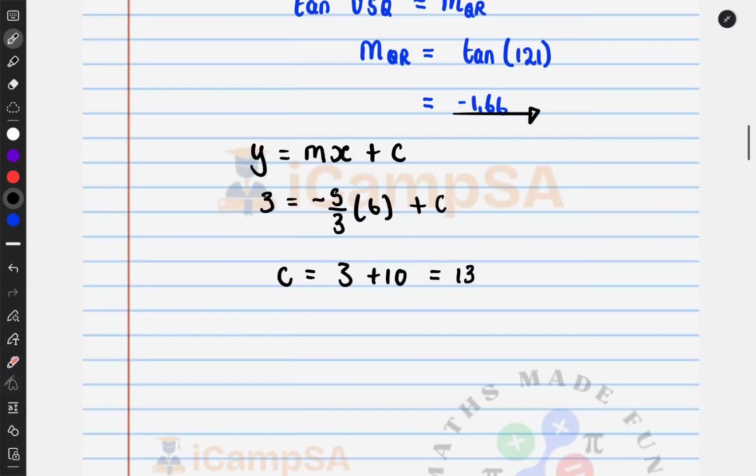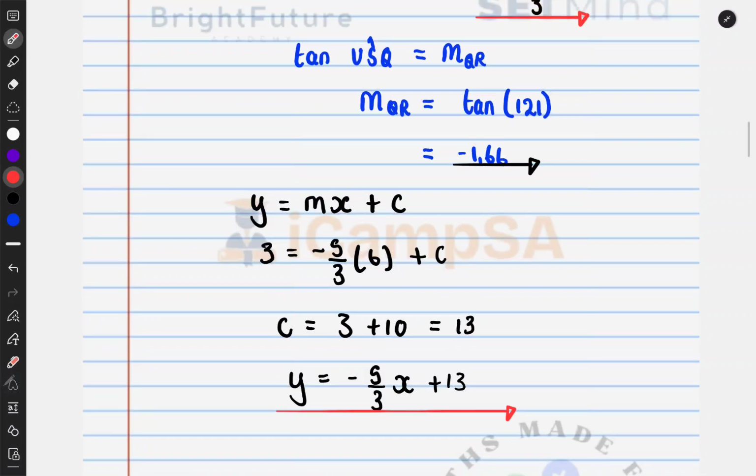That is our c. Therefore the straight line equation of that line QR is y equals negative 5/3 x plus 13. Let me quickly double check the 13. Negative 5/3 times 6 is negative 10. Then we put it on the other side. Yes, indeed, we're going to have this equation here.